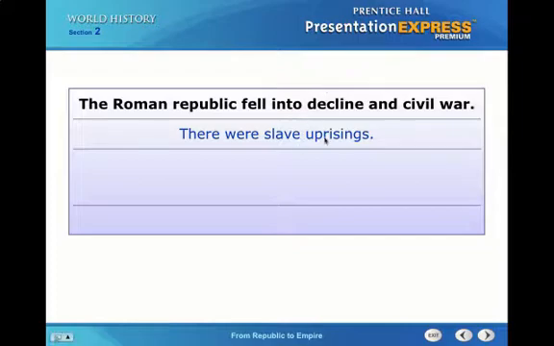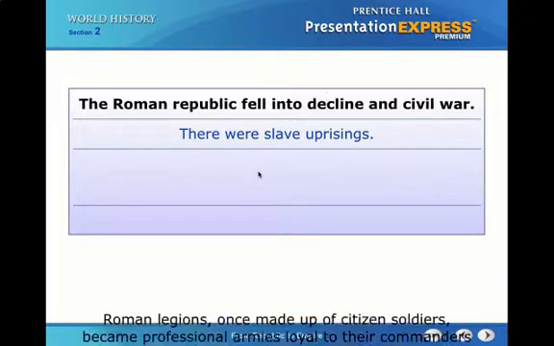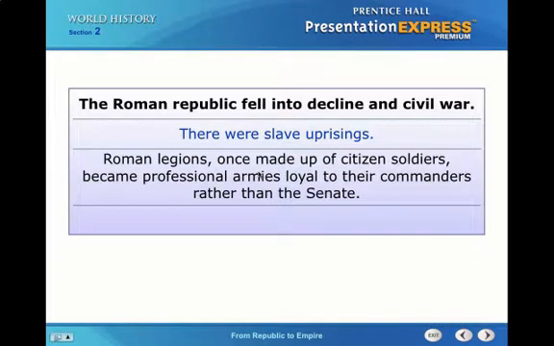And there are threats of slave uprisings, and there are a couple. These Roman legions, thanks to the work of Marius and Sulla, Marius makes it so that poor people who aren't citizens can serve in the army, and they serve for a period of 16 years, and they're going to get paid by the Roman government, which is going to add a huge debt.